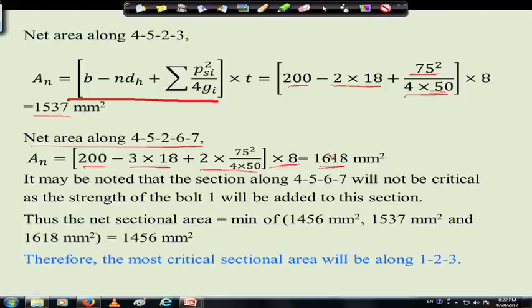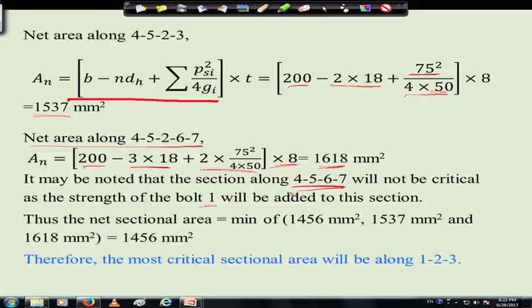We are not going to calculate along 4, 5, 6, 7, because for it to fail, first bolt 1 has to fail. That means, when we calculate the failure strength along 4, 5, 6, 7, we have to add the failure strength of bolt 1.